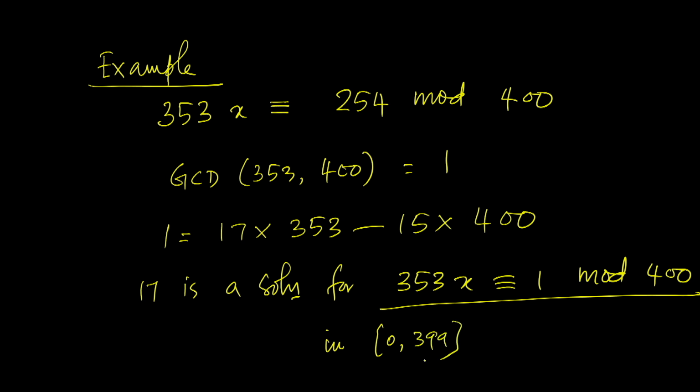But what we want is a solution for 353 times x is congruent to 254 mod 400 instead of 1.